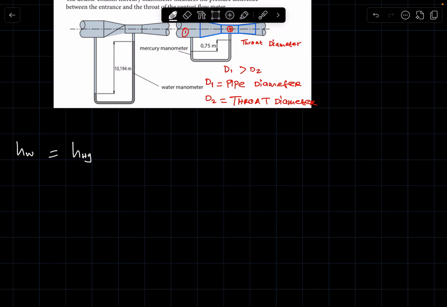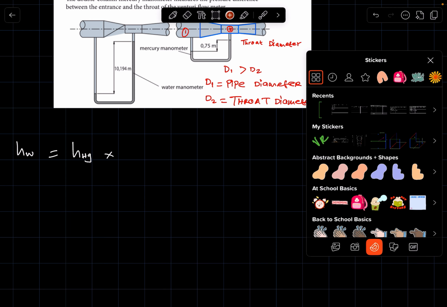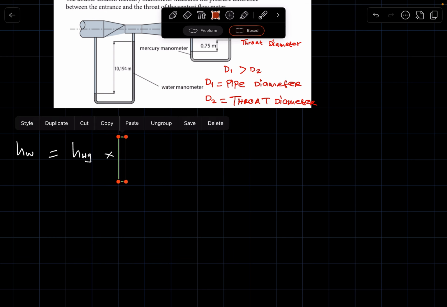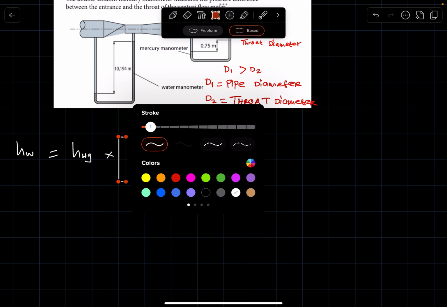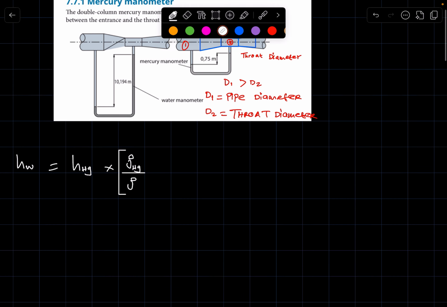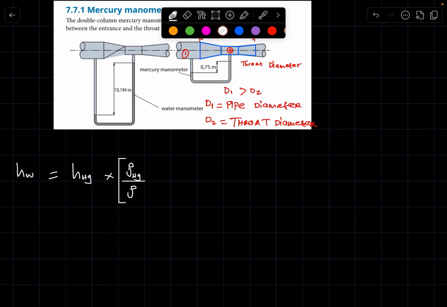So the head of mercury, multiplied by the density of mercury divided by the density of the fluid running through the hydraulic system.